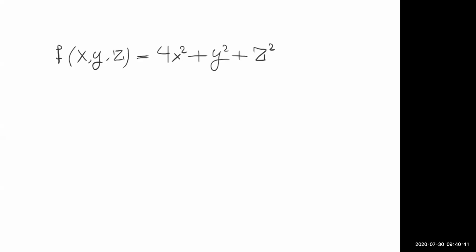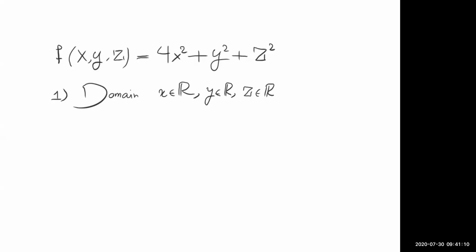Okay. So the first thing to study about this function is what is the domain of the function? Well, there doesn't seem to be any restriction on x or y or z. So x can be anything in R, any real number. Y can be any real number. And z also can be any real number.